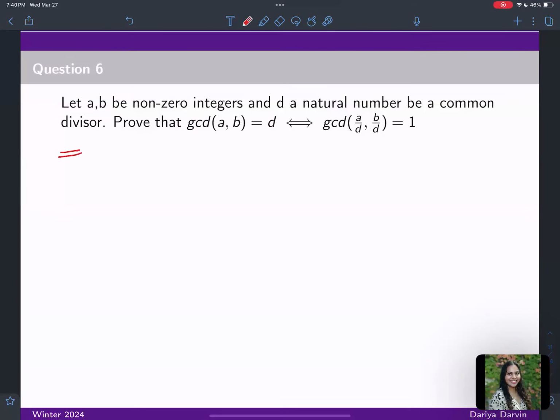Okay, so this is an if and only if question. You're doing both ways. Okay, so let's do both separately. Proof: if GCD of A comma B equals D, then... I'm just going to preface by saying there might be shorter ways to do this particular question than the one I'm doing.